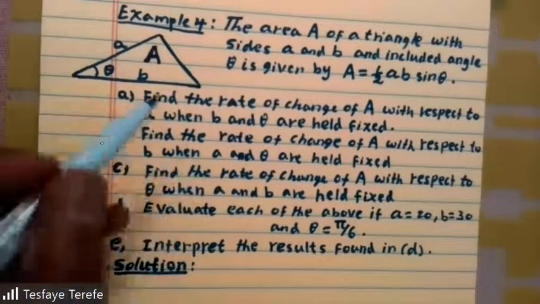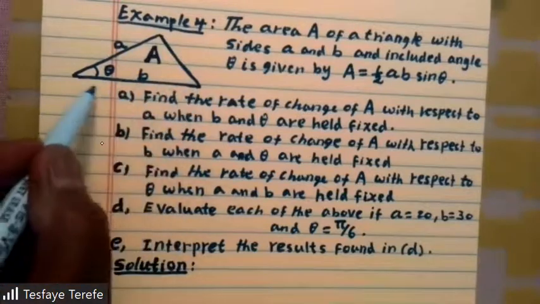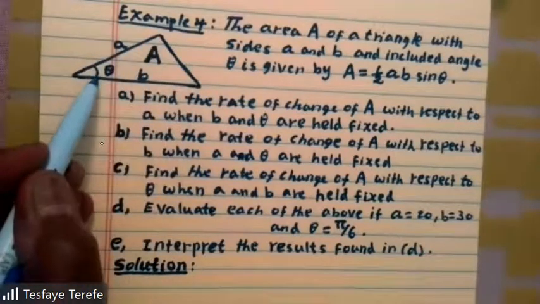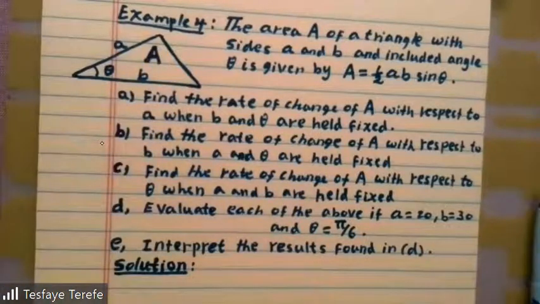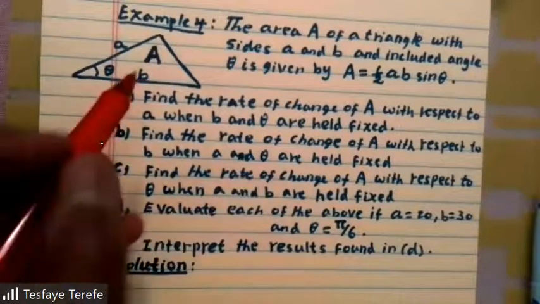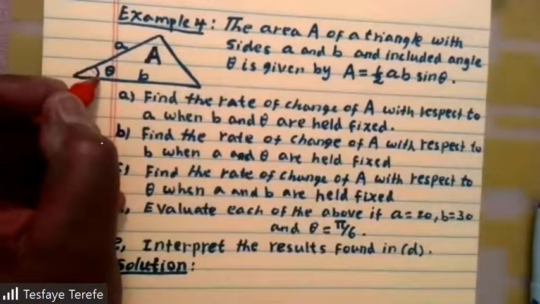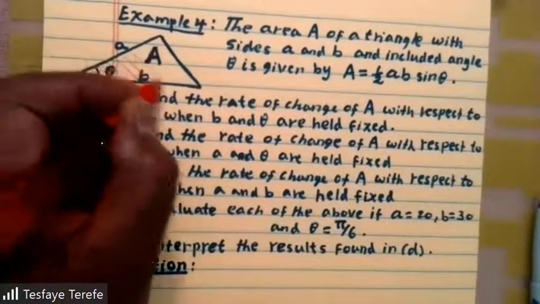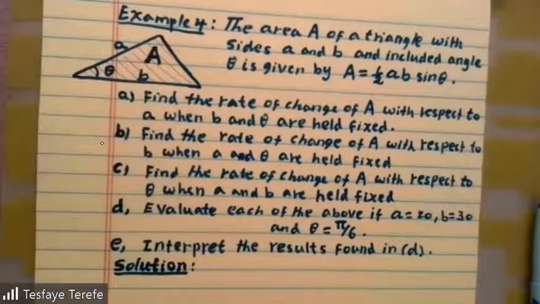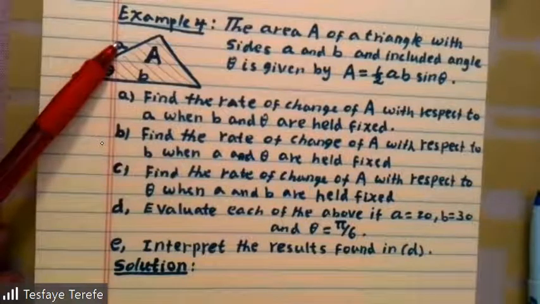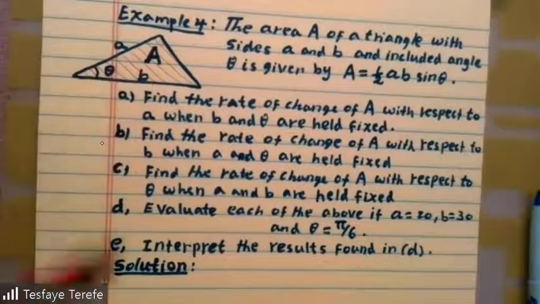This length is b, this length is a, and the included angle is theta. So the shaded region, the area A, is defined by this. Now, the question is how this area is going to be influenced by a change in a, b, or theta.